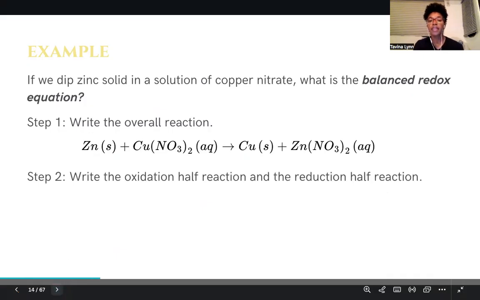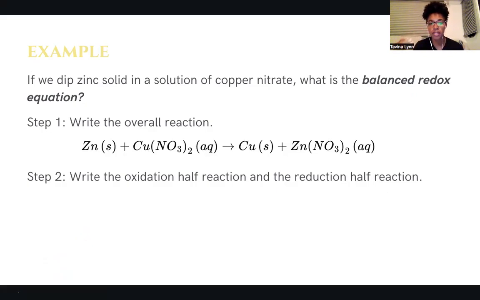If we write the oxidation and reduction half reactions, for the oxidation half reaction we write the species being oxidized, and for the reduction, the species being reduced. So from this overall reaction, see if you can pause this video and determine which metal is being oxidized and which is being reduced.